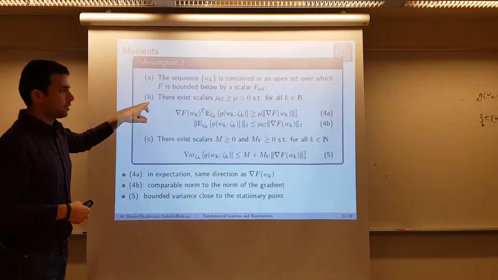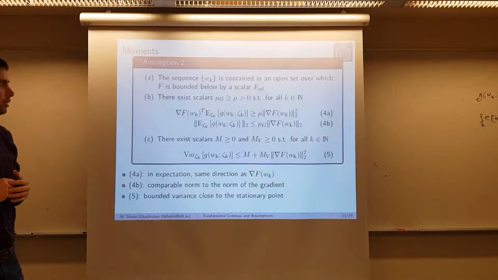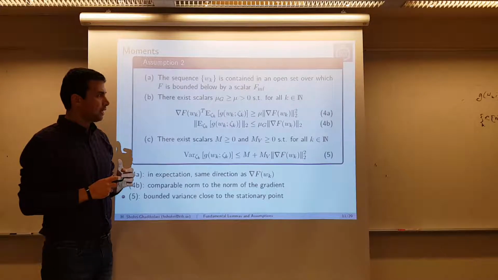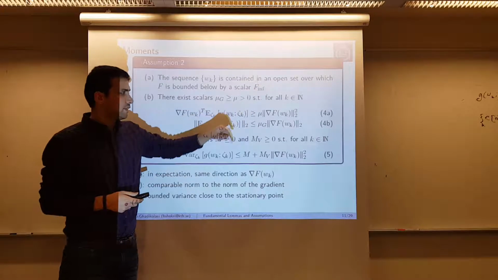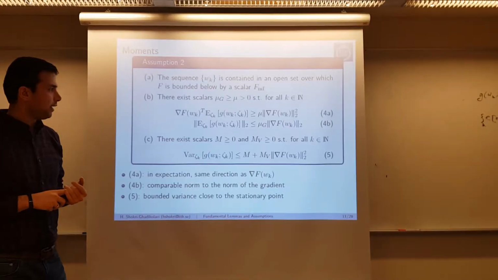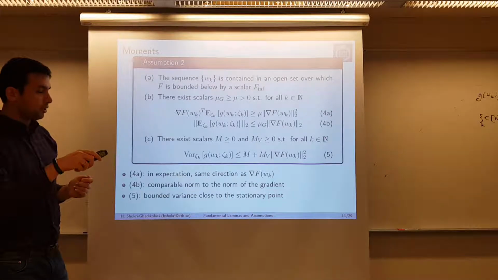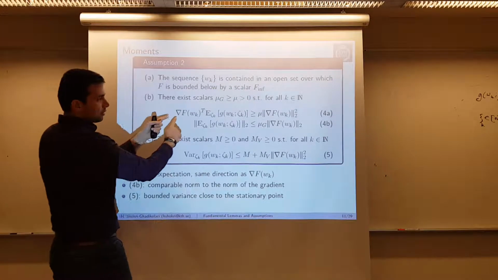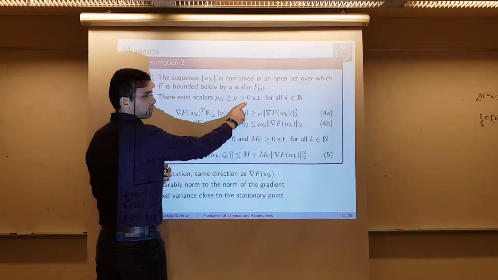The second thing, now everything gets more interesting. The second assumption here is there exist two scalars, mu_g and mu, that should be greater than 0, such that for all k, for all iterations, these would be positive simply because we assume that this guy is positive.